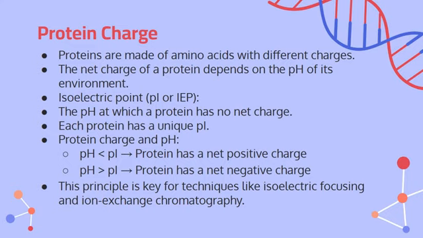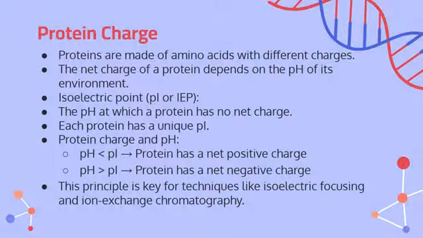The principal key for techniques like isoelectric focusing or ion exchange chromatography is looking at those protein charges. So I just want to reiterate, pI is the pH at which a protein has no net charge.